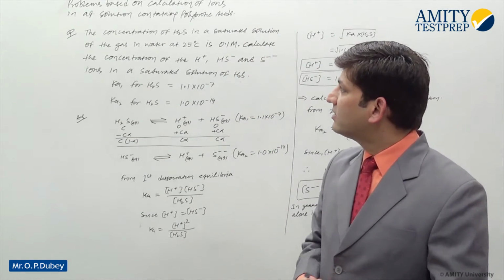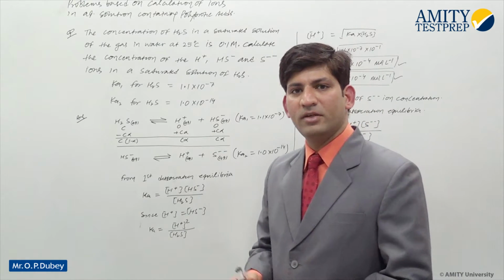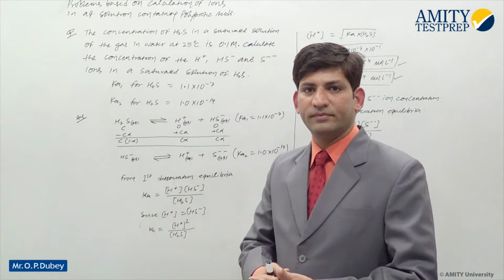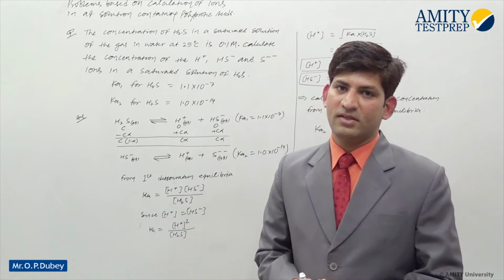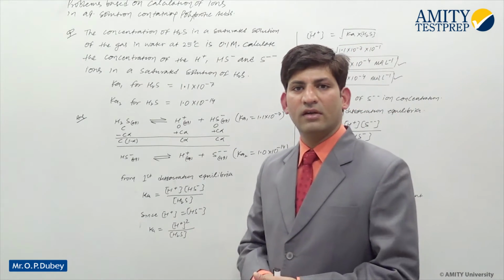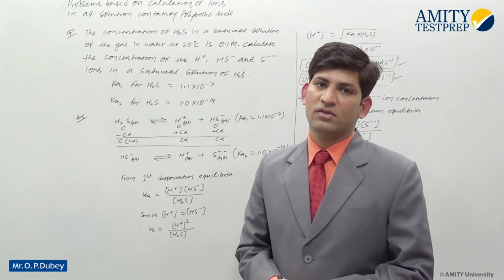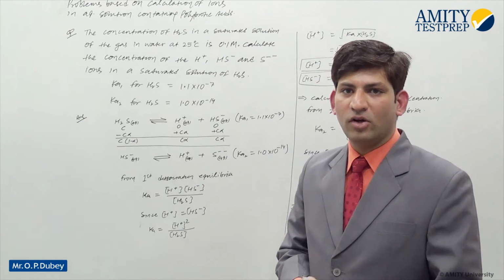In this class, I am going to discuss a problem based on the common ion effect on polyprotic or polybasic acid: calculation of ions present in the aqueous solution of a polybasic acid.